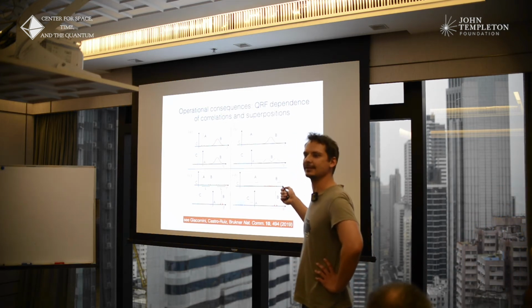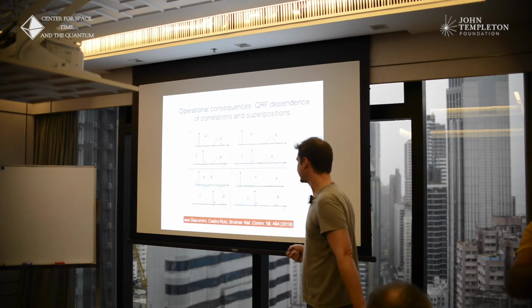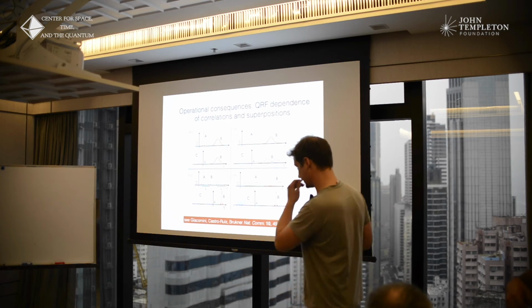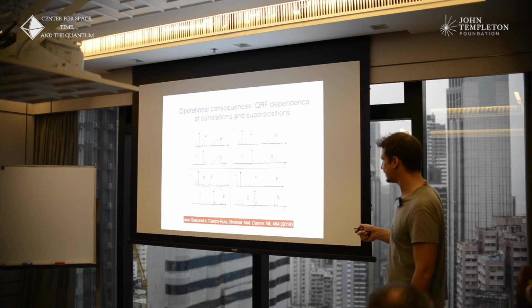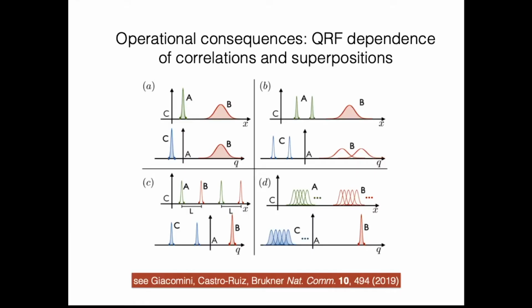It depends, of course, on what kind of correlations you're looking at. Here, this is maybe not the very best example, but you see A and B are correlated, whereas B is correlated with another system from the perspective of C, but from the perspective of A, C and B are not correlated.